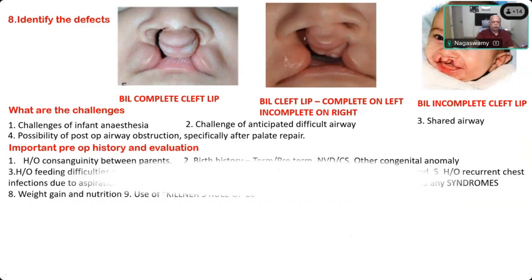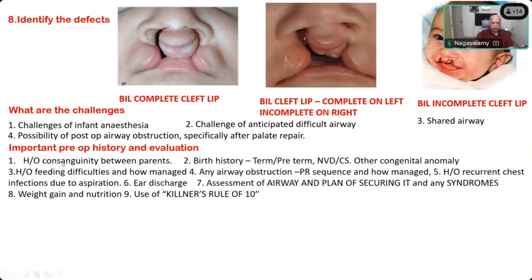So first is history of consanguinity between parents and birth history, whether it is a term baby or a preterm baby, and whether it's a normal vaginal delivery or a C-section, and other congenital anomalies, whether they were found out immediately after birth in the newborn time itself, and then history of feeding difficulty, how it was managed, and any airway obstruction, especially in Pierre Robin sequence cases, and how it was managed.